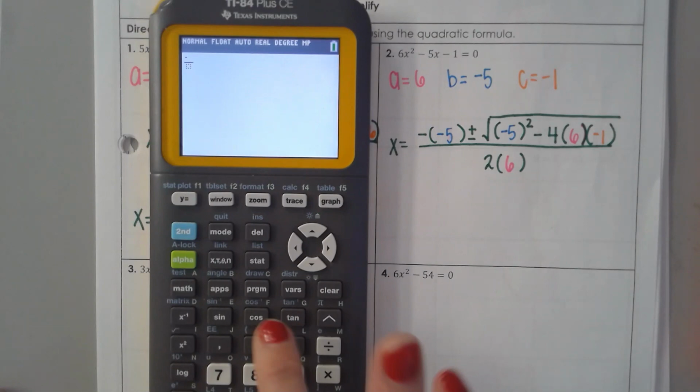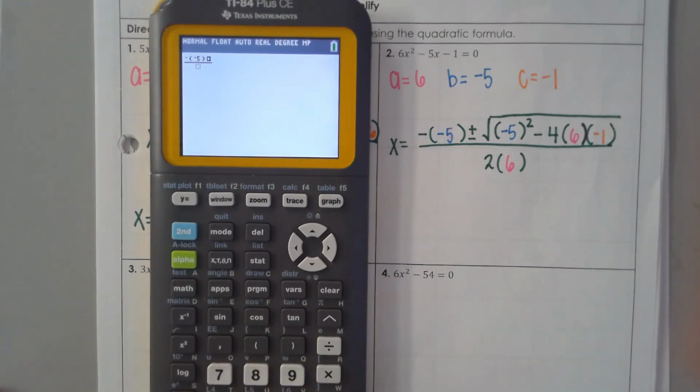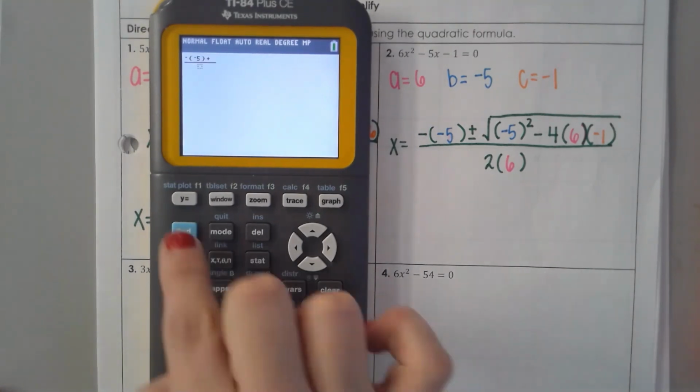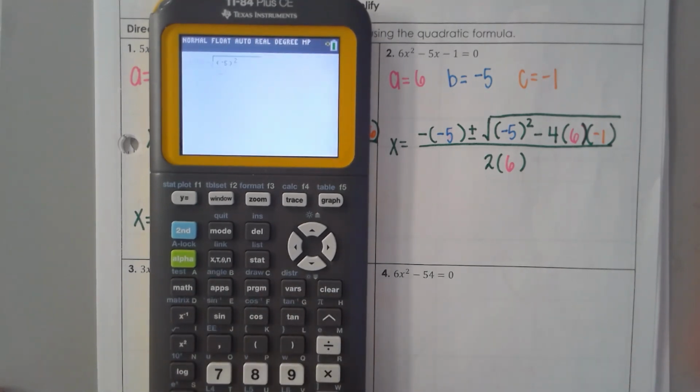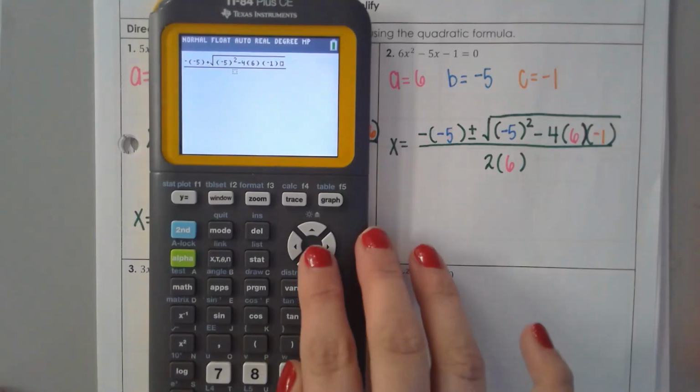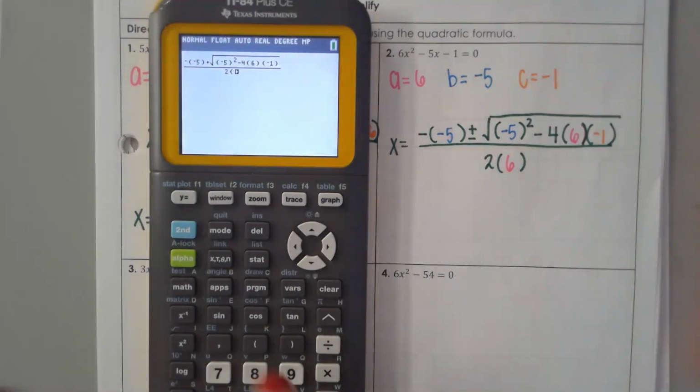Negative, and then in parentheses is negative 5 plus the square root, and then in parentheses I have my negative 5 again, squared, minus 4 times 6 times negative 1 all over 2 times 6.